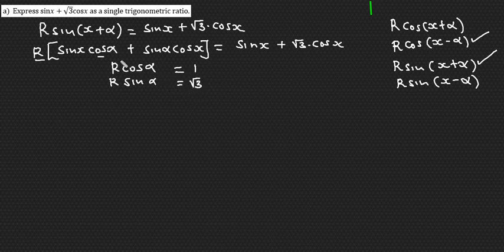This is our equation 1, and this is our equation 2. We use these two equations to find alpha and r.